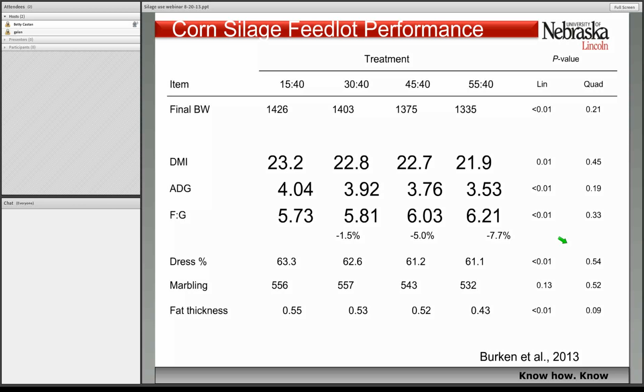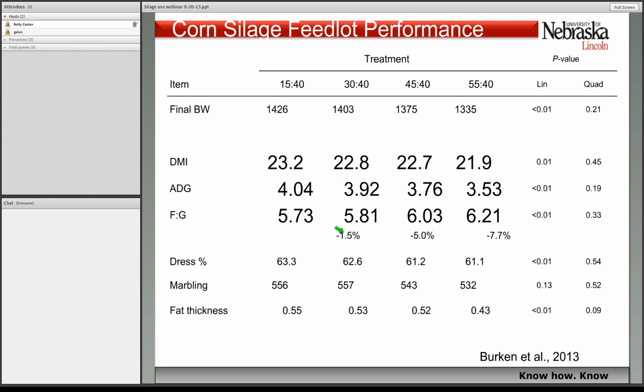I want to jump in then. This is looking at the 4 diets with 40% distillers grains in the diet, and silage increasing from 15 to 30 to 45 and then all the way to 55. So what happened? Well, there was a linear decrease in this study. These are with calf feds, which may influence us some, but a linear decrease in intake, a linear decrease in gain, and feed conversion got poorer.